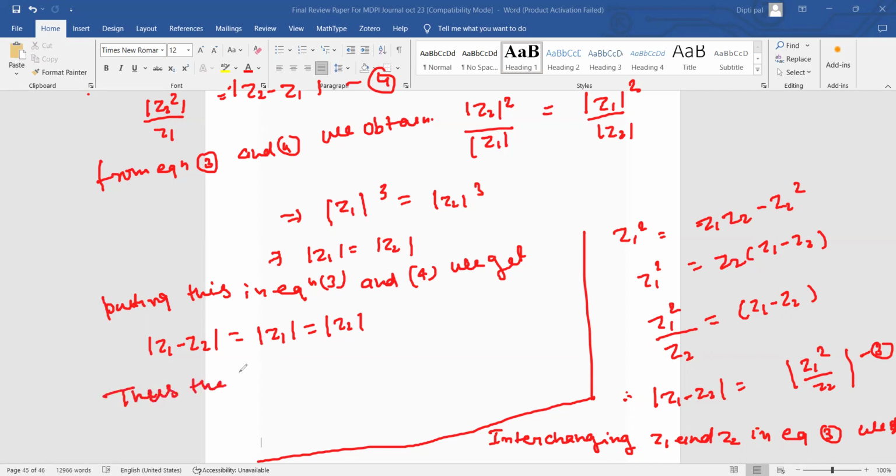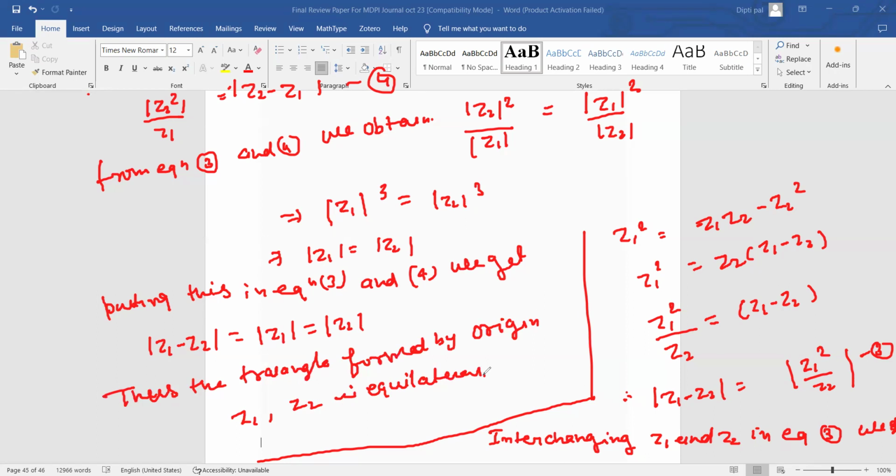Thus, the triangle formed by the origin, Z1, Z2 is equilateral. You know that an equilateral triangle has all its sides equal.